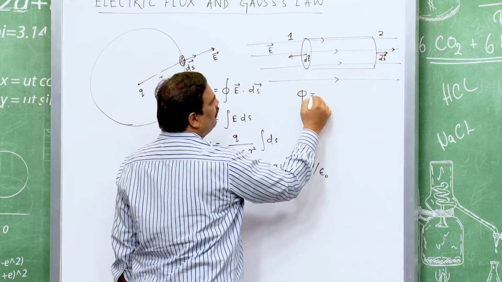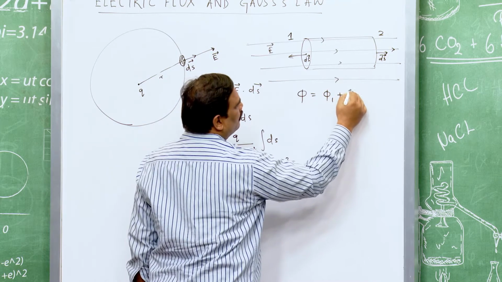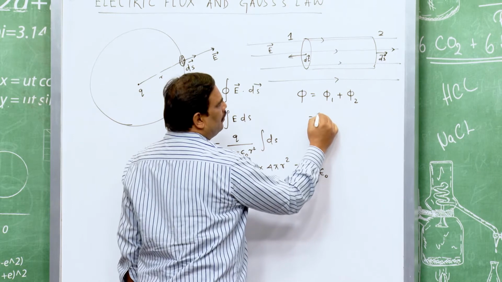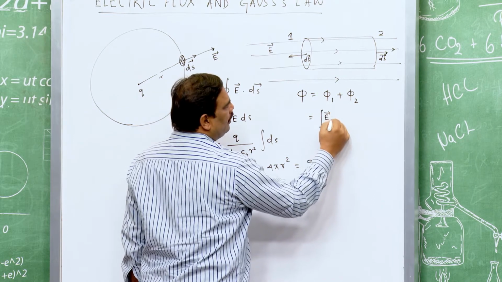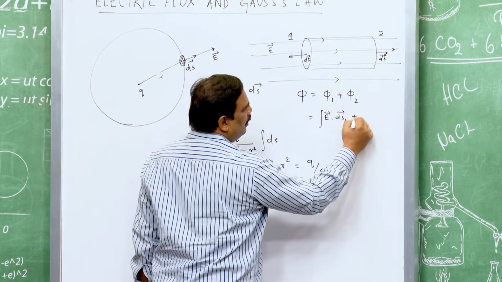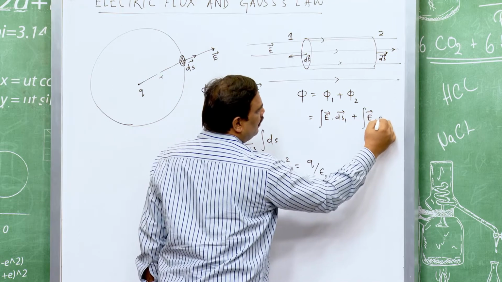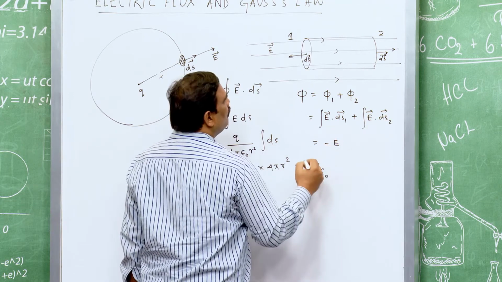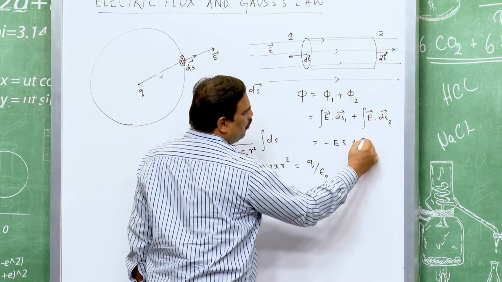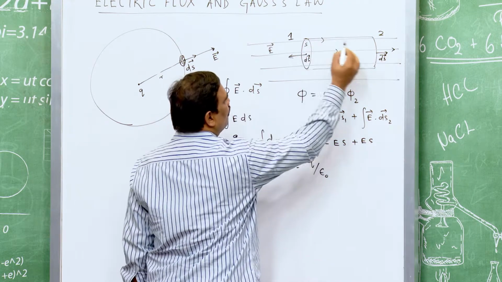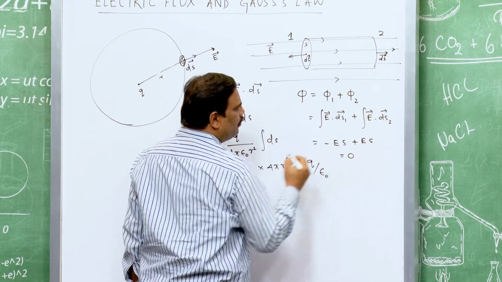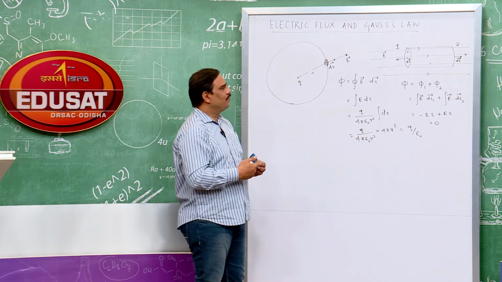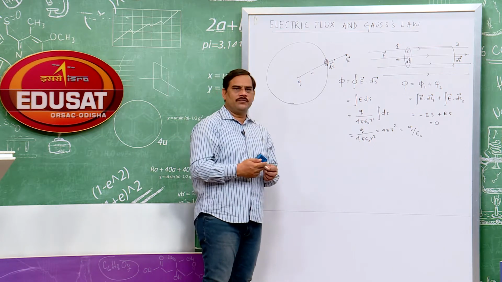So, phi will be equal to phi 1 plus phi 2. My phi 1 is integration E dot ds 1 and my phi 2 is integration E dot ds 2. So, this is minus E s and this is plus E s if s is the surface area. So, that will give you 0. So, the net flux linked with this cylinder is equal to 0.